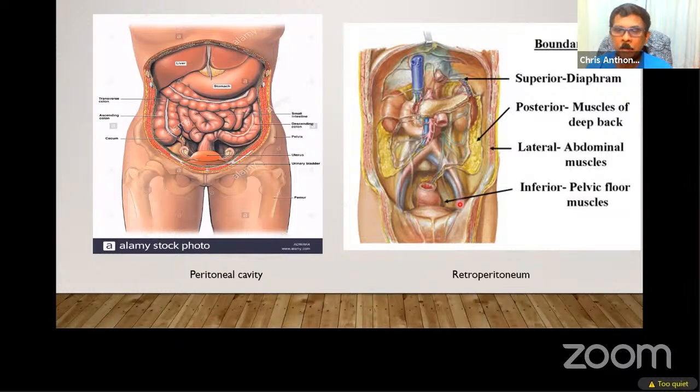The inferior part is the pelvis, where the uterus, urinary bladder, and prostate all lie. So this is the peritoneal cavity, and these are the retroperitoneal structures.